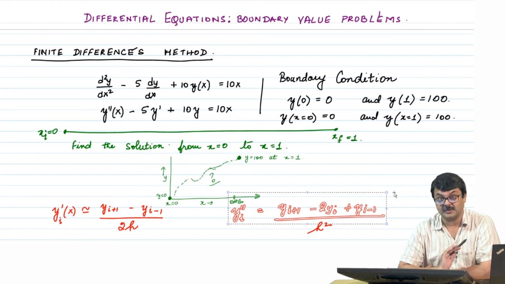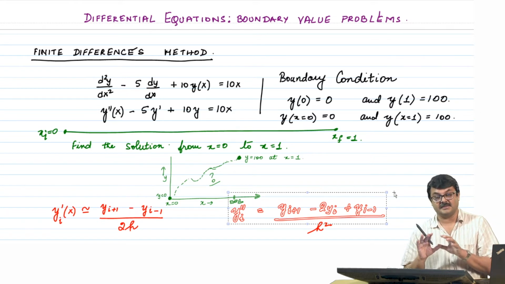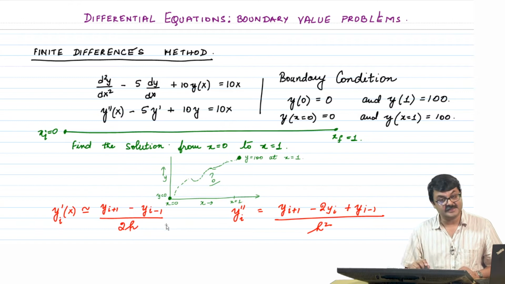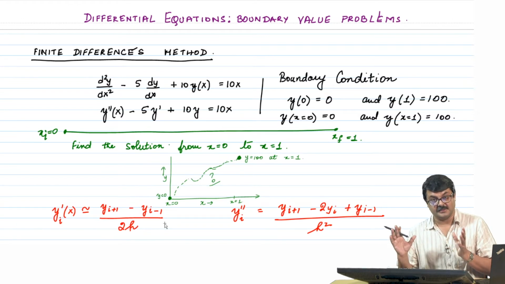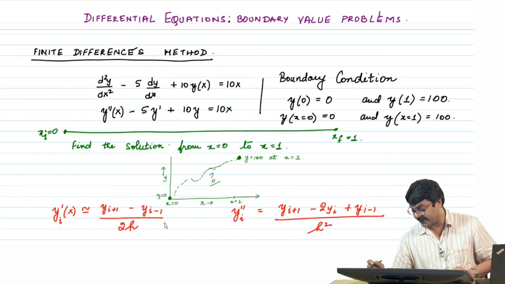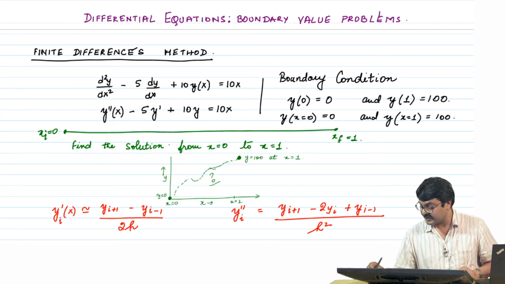I am not going to go into that. I am rather saying that if you accept these, and you can derive those, then how do you basically solve the differential equation in a hands-on manner? That is what my focus is.